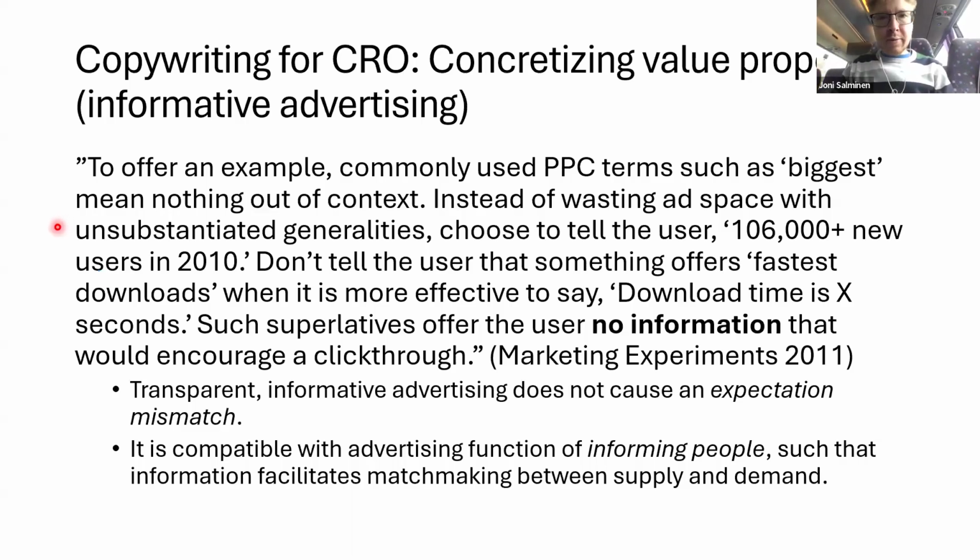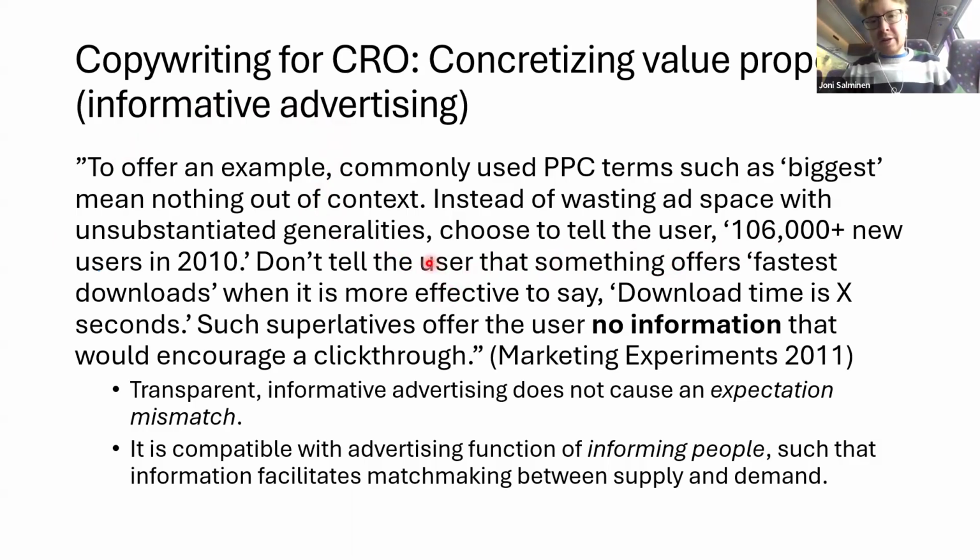Okay, so copywriting is very important. Here is the idea of informative advertising. So I already mentioned this idea of aligning the user expectations with your actual offering. So the techniques that can be used are using specific language and informative language.